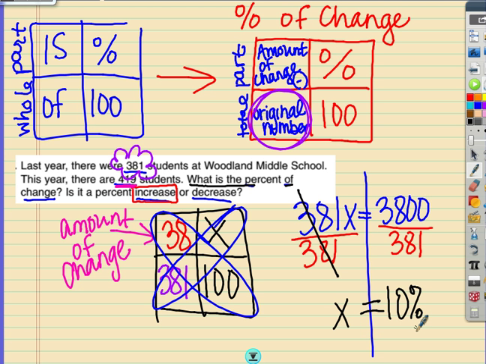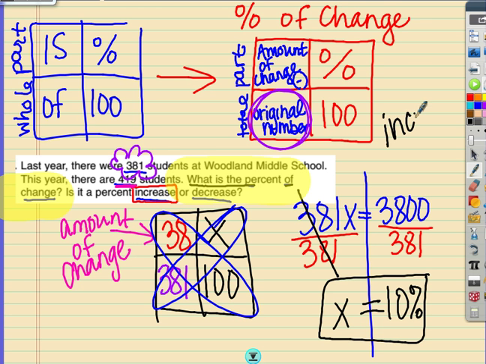So when it's asking what is the percent of change in this problem, it changed 10%. We said it increased, so the student population at Woodland Middle School increased by 10%. Again, the biggest thing to remember is the amount of change over the original number. That's what we need to make sure we keep in mind.